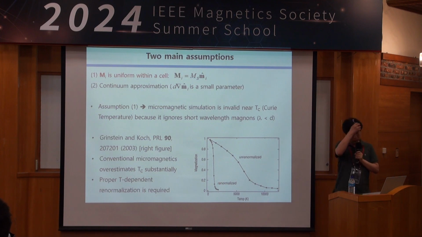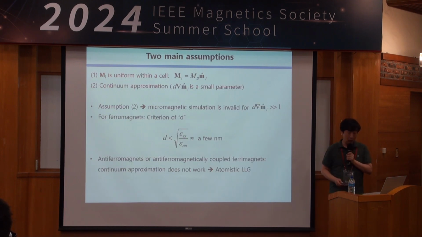One thing to notice here is that this normalization is a little bit complicated, so it's difficult to apply to many problems. So please try to avoid calculating the magnetization dynamics near the Curie temperature using conventional micromagnetic simulation.